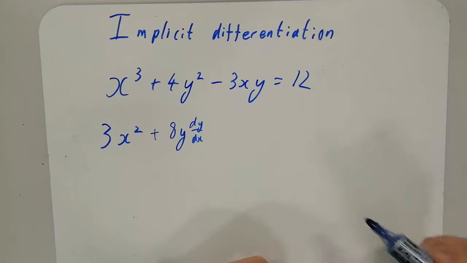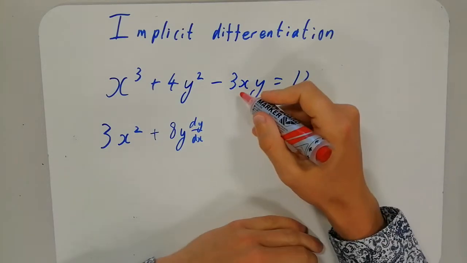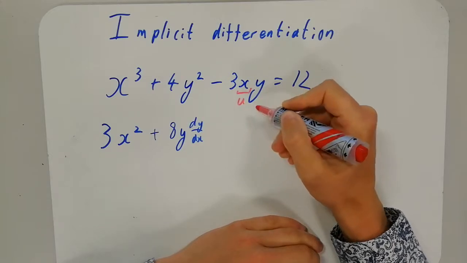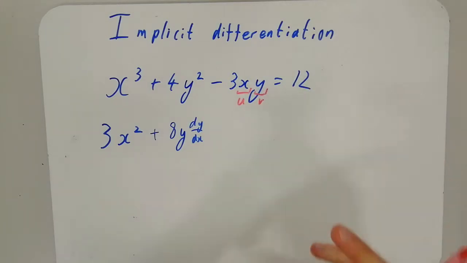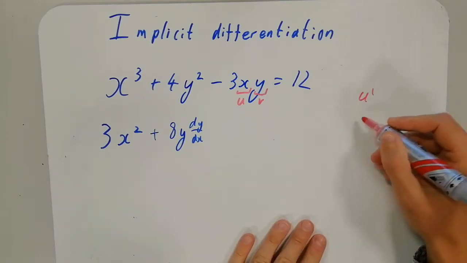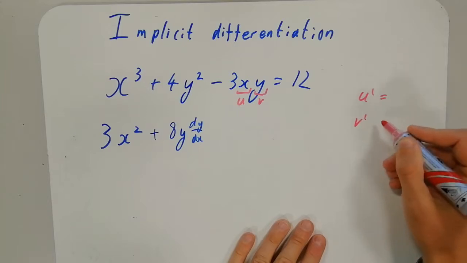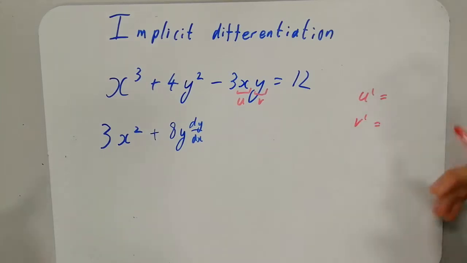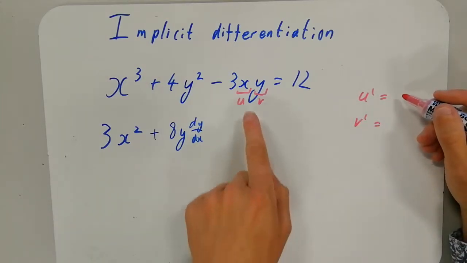Okay, now we want to differentiate this one. We have to notice here though that we have two functions multiplied together, u, v. Whenever we have the product of two functions, we require the product rule. So I'm just going to put a little side note over here. The derivative of u with respect to x.